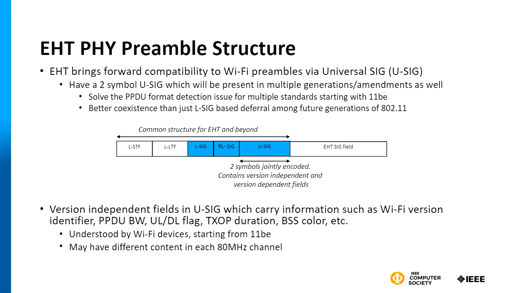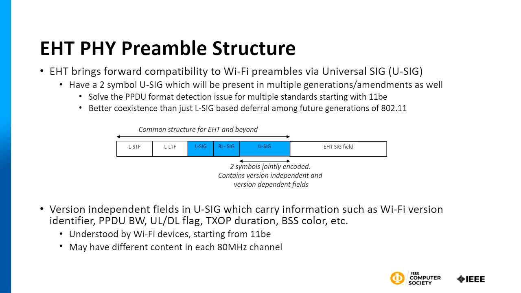So the preamble structure, and generally in mainstream amendments, so when we define also new PHY modes, we also define new PHY preambles. And in EHT, we kept backward compatibility, of course, with Wi-Fi 6 and prior to it.